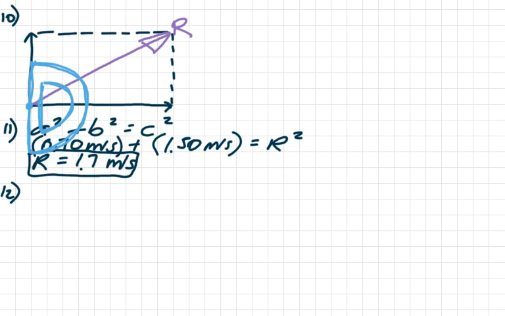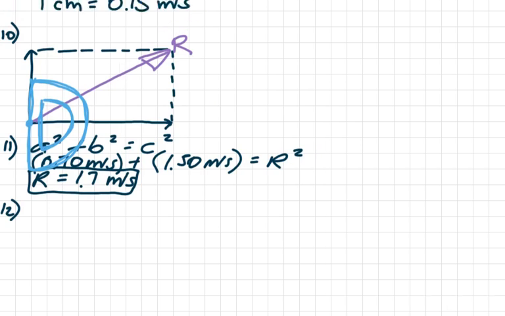Line up your protractor vertically and then see what this angle is. This one right here. Measure that. And if you drew it properly, it should be somewhere around 65 degrees. So that's the answer to number 12.